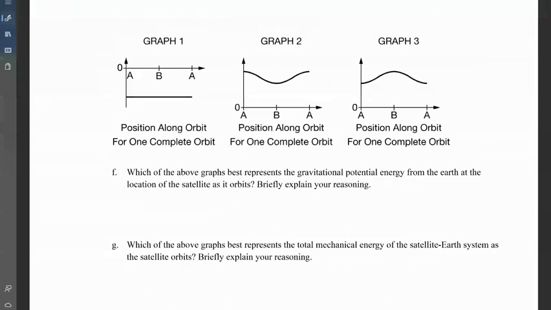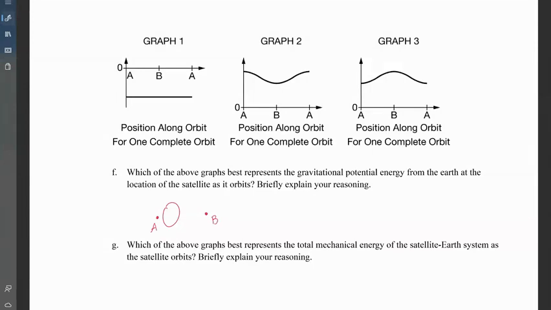Okay, which one of these graphs represents the gravitational potential energy? Well, if there's the Earth, A is there and B is over here. So A has to have more than B. So let's see, this one, A and B are equal.